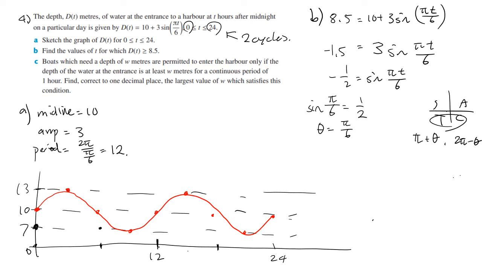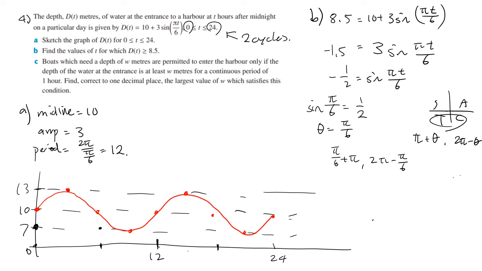So our solution in the third quadrant would be pi on 6 plus pi, and the solution in the fourth quadrant would be 2 pi minus pi on 6. And now that's one rotation of the unit circle.